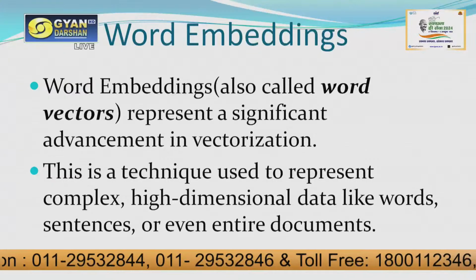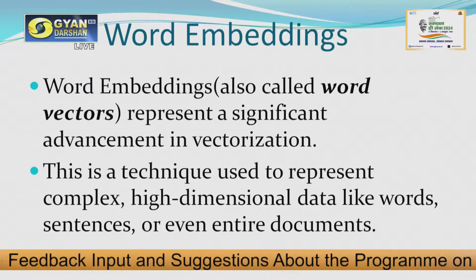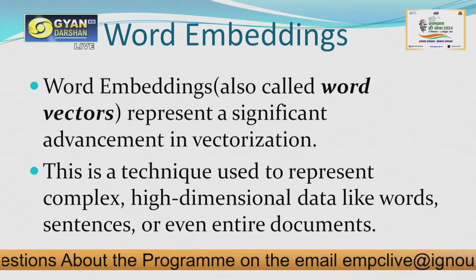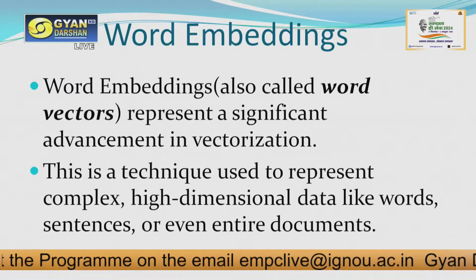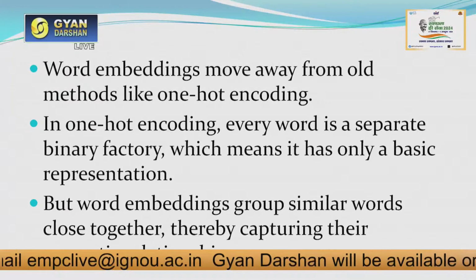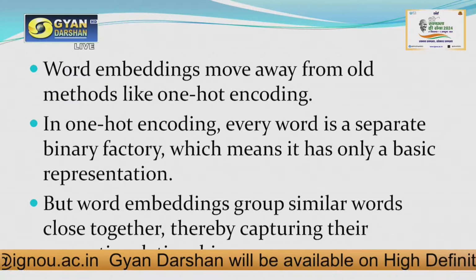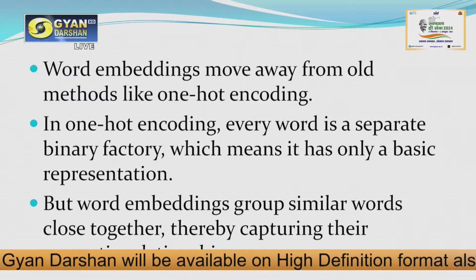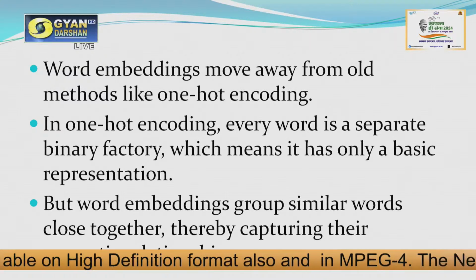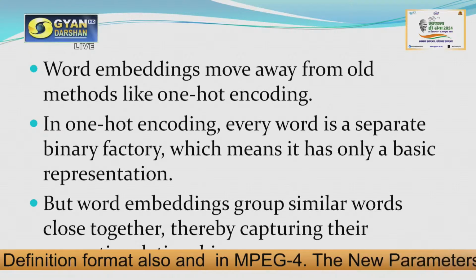So there is another technique, which is used to represent complex high dimensional data like words, sentences, or even entire documents. This is not like the old method called one-hot encoding, wherein every word is a separate binary vector, which means it has only a basic representation.